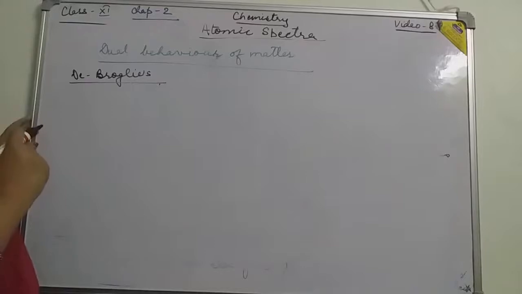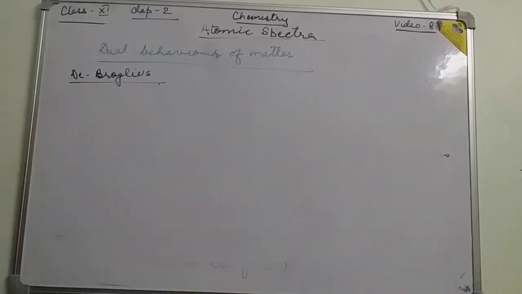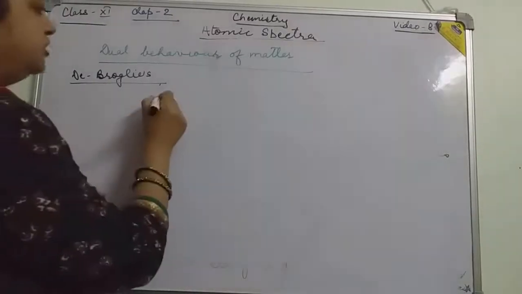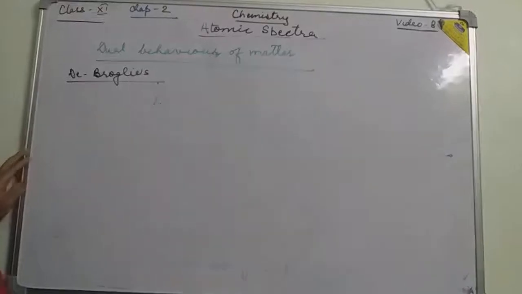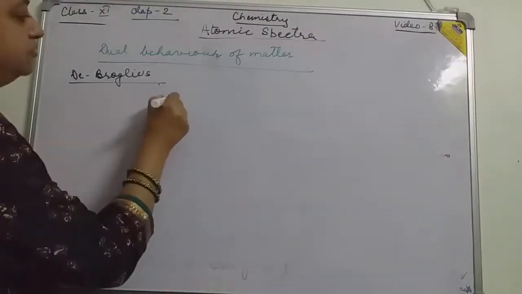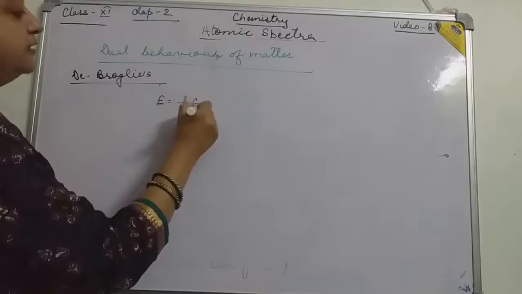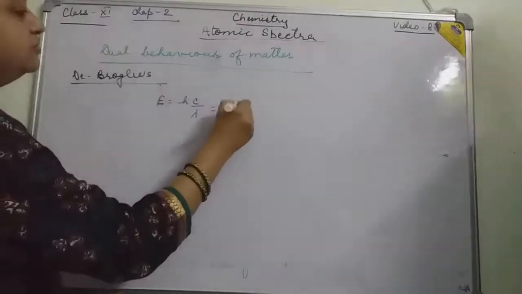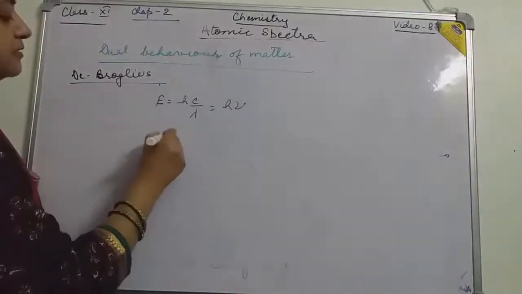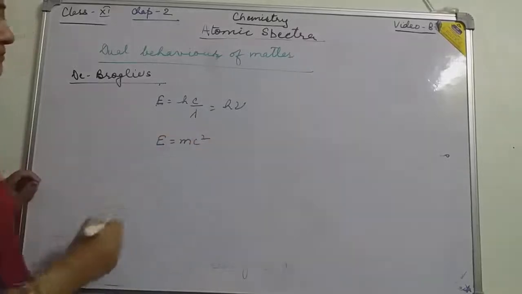To prove this, de Broglie gave his equation by using Planck's energy equation and Einstein's equation. Planck's is E equal to hc by lambda or E equal to h nu, and by Einstein it is E equal to mc square.